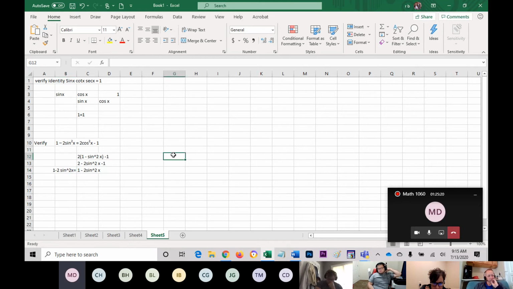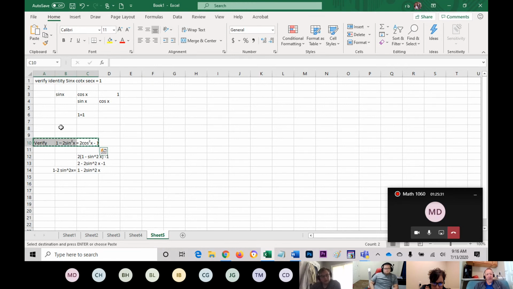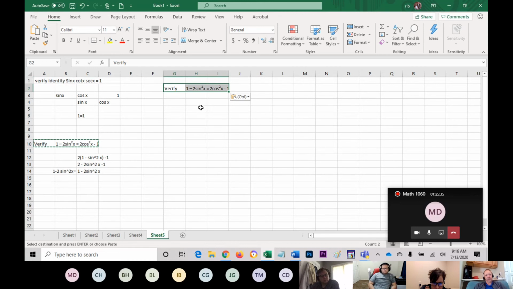I was going to say my issue was I was looking at the left-hand side, trying to figure out what I could do with it. How do you know which side? Well, that's a good question. Can we do the same technique with the left-hand side instead? I guess we could.